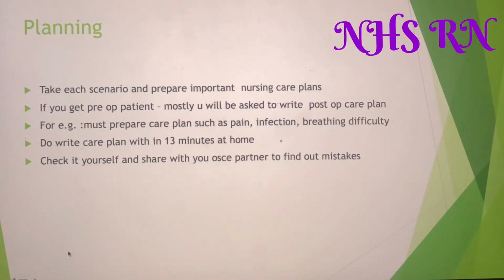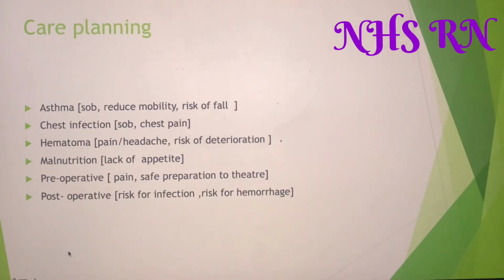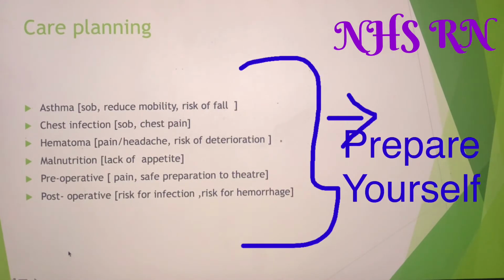Okay, then check yourself your written care plan, or you can share it with your OSCE partners or OSCE trainers or your friends and ask them to read it and find out the mistakes. I'll give you some small examples. If you get asthma, you can prepare short of breath, reduced mobility, risk of fall.